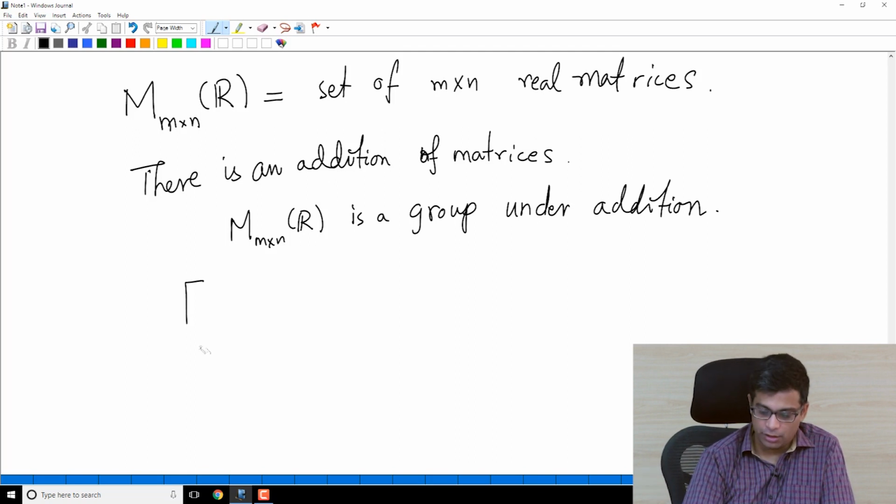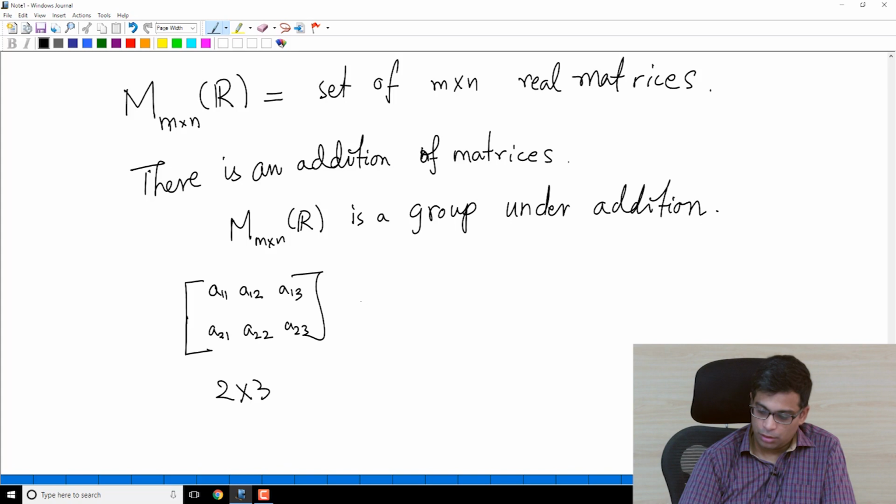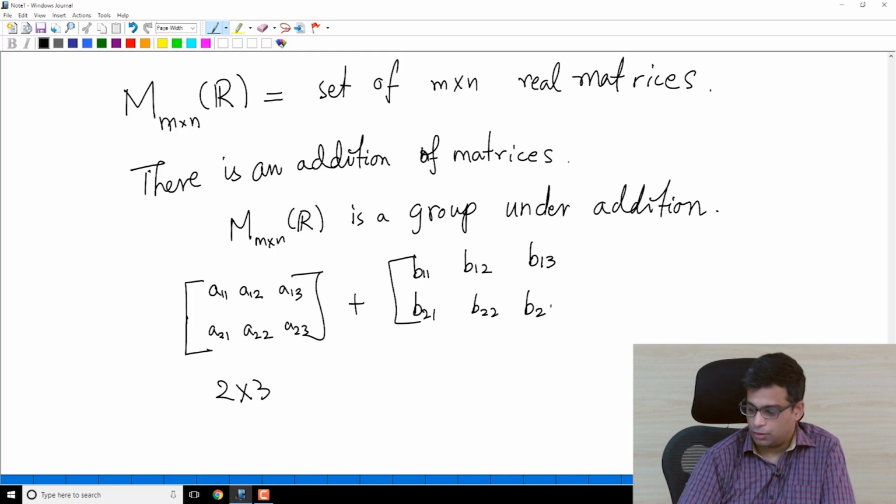For example, if you take 2 by 3 matrices, you have A 1 1, A 1 2, A 1 3, A 2 1, A 2 2, A 2 3. You can always add 2 matrices B 1 1, B 1 2, B 1 3, B 2 1, B 2 2, B 2 3.